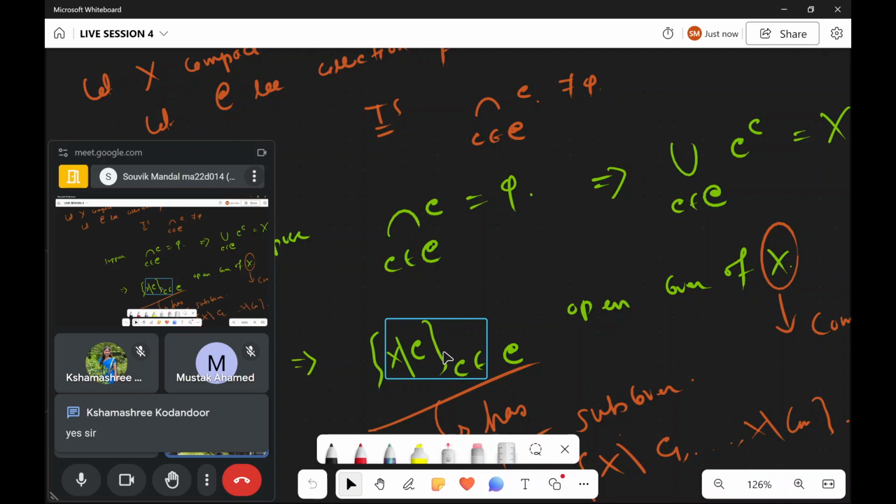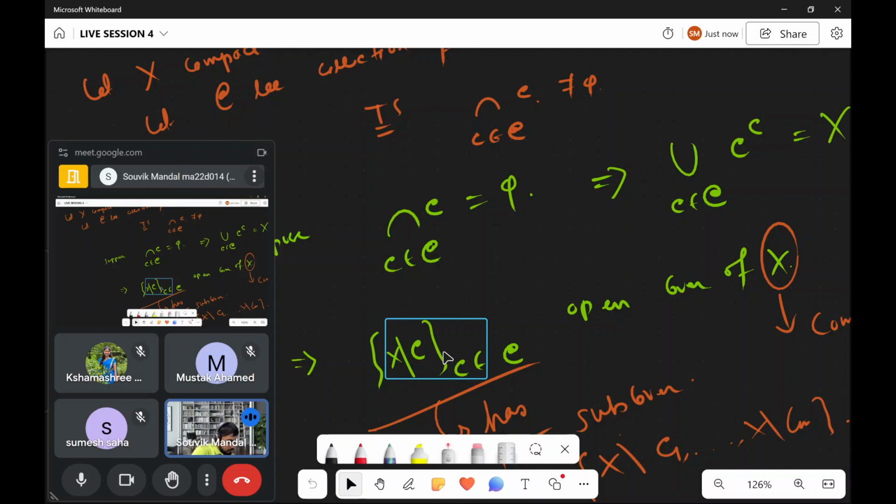Okay, so this is one side. For the reverse, what we need to show?